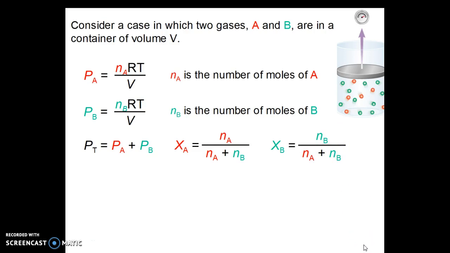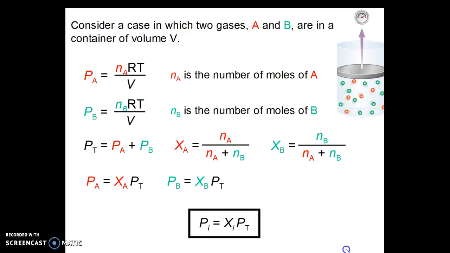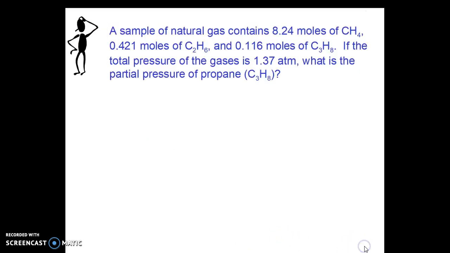Once we have seen that, it takes very little thought to realize that the pressure of A is the mole fraction of A times the total pressure, and the pressure of B is the mole fraction of B times the total pressure. Therefore, for any gas that's in a mixture, its pressure is equal to its mole fraction times the total pressure in this container.